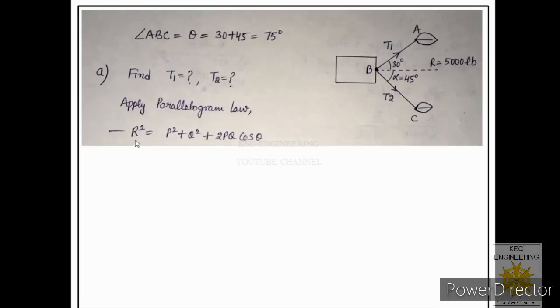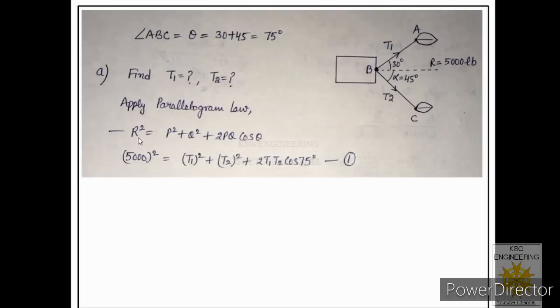According to this formula, R square is equal to P square plus Q square plus 2PQ cos theta, where P and Q are the two concurrent forces and theta is the angle between those two forces. So in the present example, P and Q are T1 and T2 and theta is 75 degrees, which is the angle between T1 and T2. Now let us put the values.